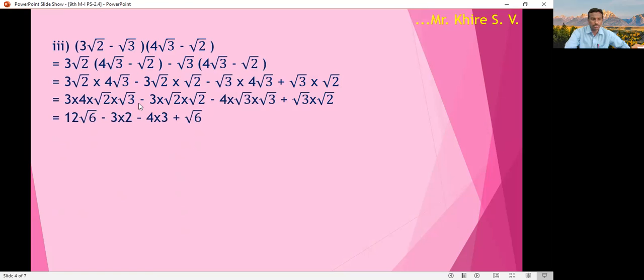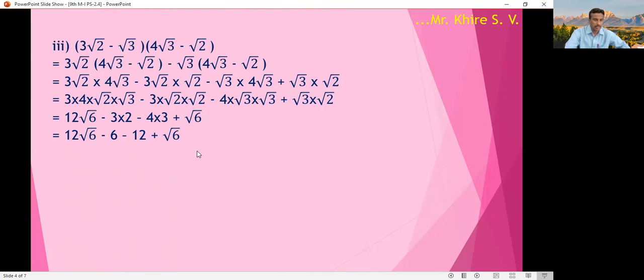Root 2 into root 3 is root 6. Minus 3 into root 2 into root 2 means 2, minus 4 into root 3 into root 3 is 3, plus root 3 into root 2, root 6. Therefore, 12 root 6 minus 3 twos are 6, minus 4 threes are 12, plus root 6 as it is.